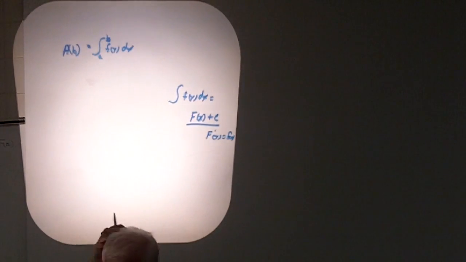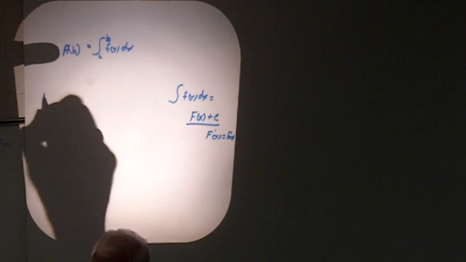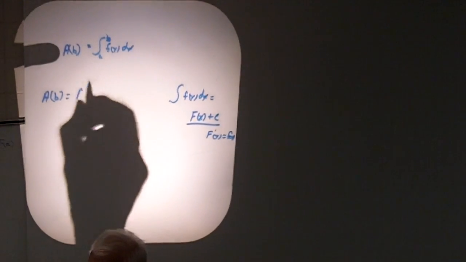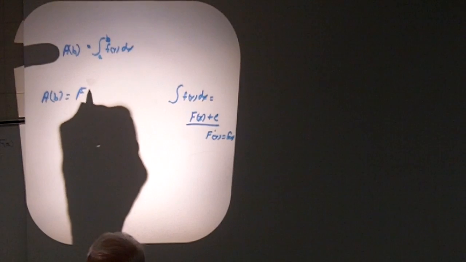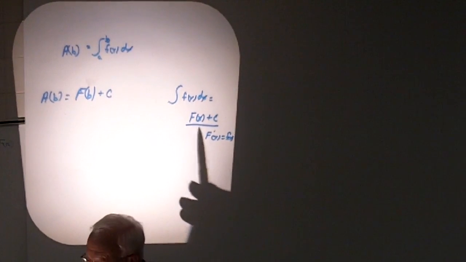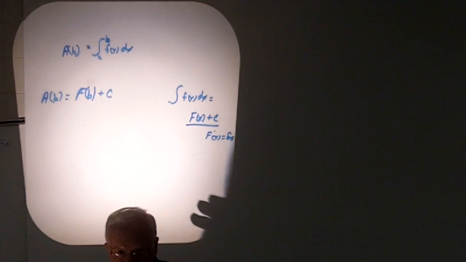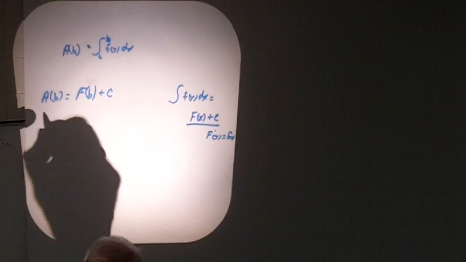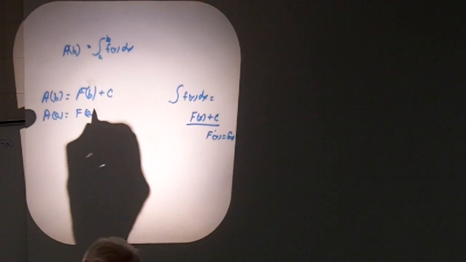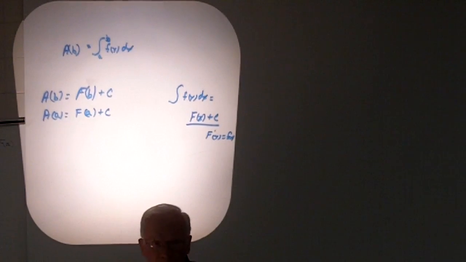Okay, now, this here says A at b is equal to F at b plus what? A constant. You with me? Okay, and we're going to say A at a is equal to F at a plus a constant.